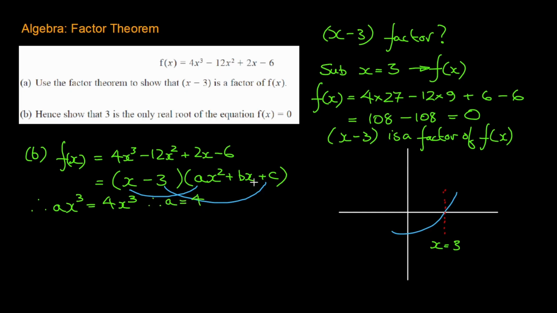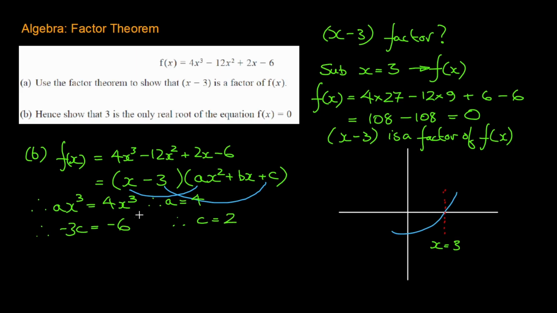And the same argument applies to the negative 3 multiplied by the c. This is the only multiplication of those brackets which offers a numerical answer. So I've got a second equation here. Negative 3c is equal to negative 6. So therefore, c is equal to 2.